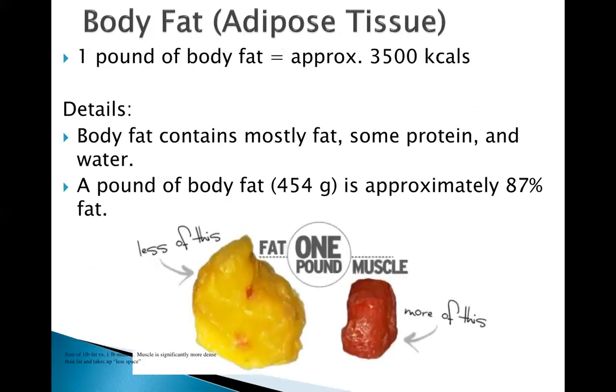So what does this look like? Body fat is very large, whereas muscle is considered more dense. From a spatial standpoint, 1 pound of fat is almost twice as big as 1 pound of muscle. And fat is primarily made up of fat. You do see in this picture some red speckling, and that's vascularization or blood supply going to the fat, which is an additional component of fat.